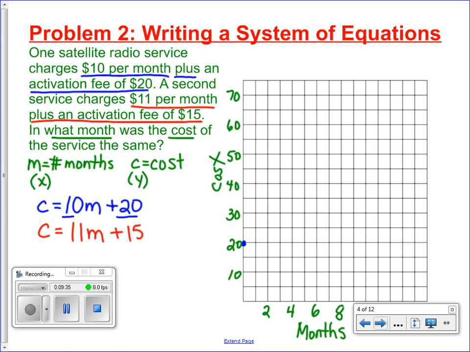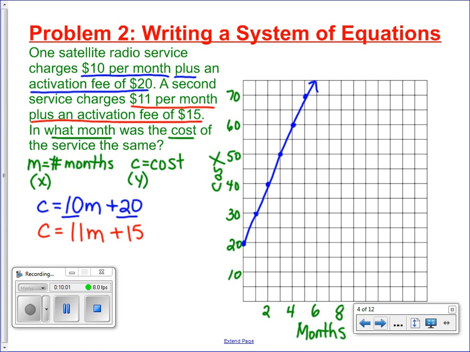Our slope is 10 or 10 over 1. So up 10 and over 1. Up 10 and over 1. And of course you have to be careful. We're not counting up 10 squares. We want to go up $10. So this appears to be the graph of the first equation.